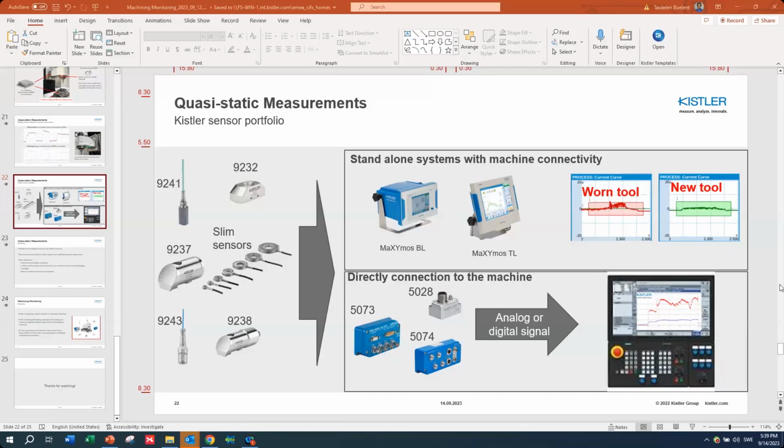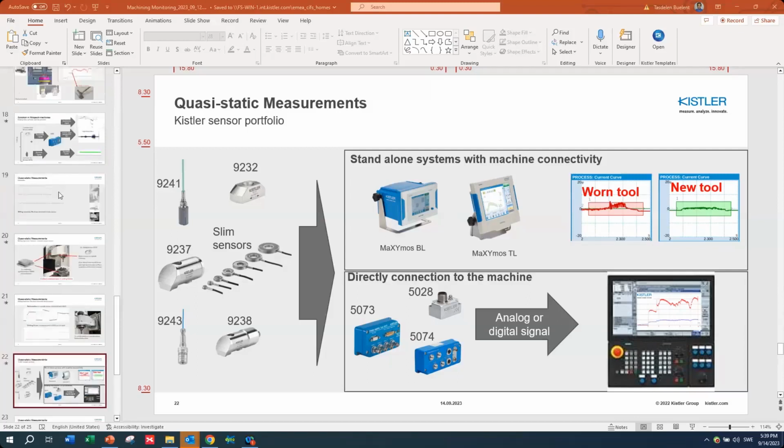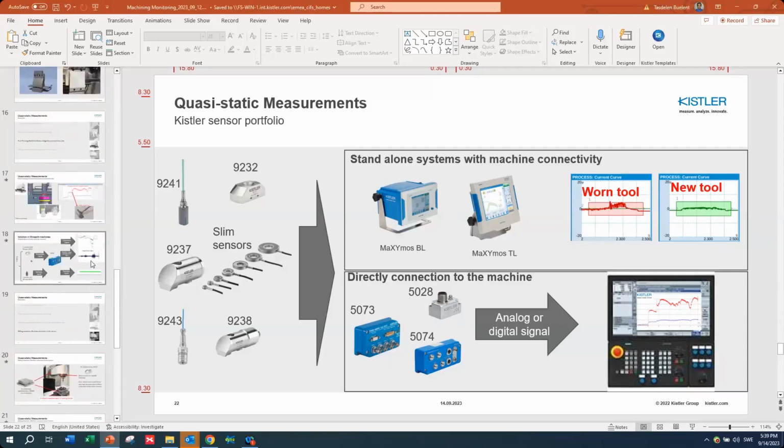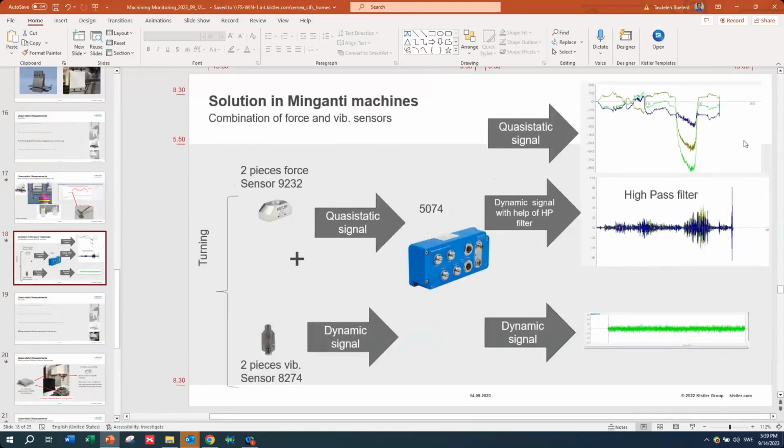by placing the sensor at certain positions where the thermal or temperature effect is minimized. This is one strategy. The other strategy is that if you are interested in tool breakages, then you don't really need the static part of the measurement. It's enough to work with the high dynamic part of your measurement, and this is what we are utilizing especially for tool breakages, as you can see in this figure here. When you apply certain filtering, especially high pass filtering, then you get rid of your drift.